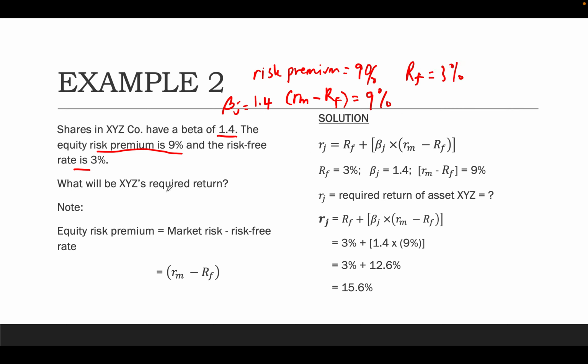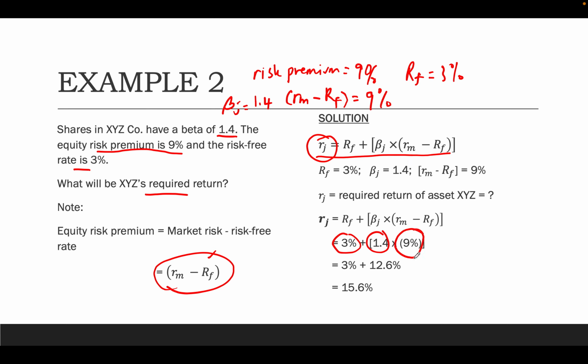So what will be the XYZ required return? The risk premium is RM minus RF, 9%, already given. Using the same formula, we want to find RJ. RF is 3%, beta is 1.4, and the risk premium is already calculated, 9%. So you get 15.6%.